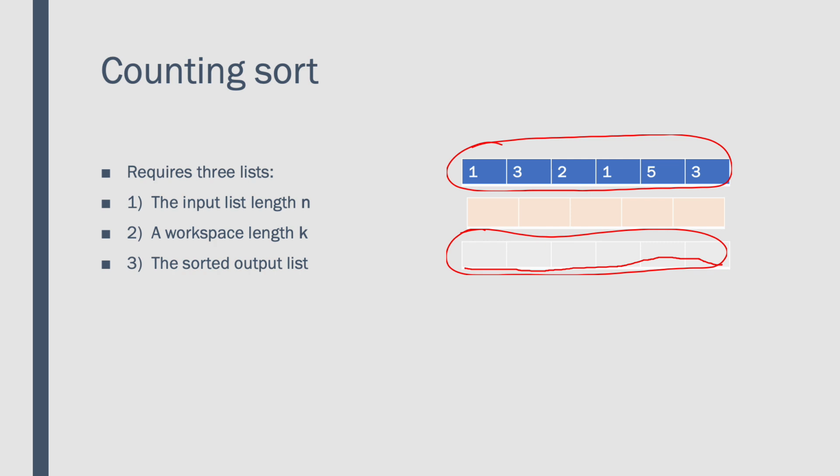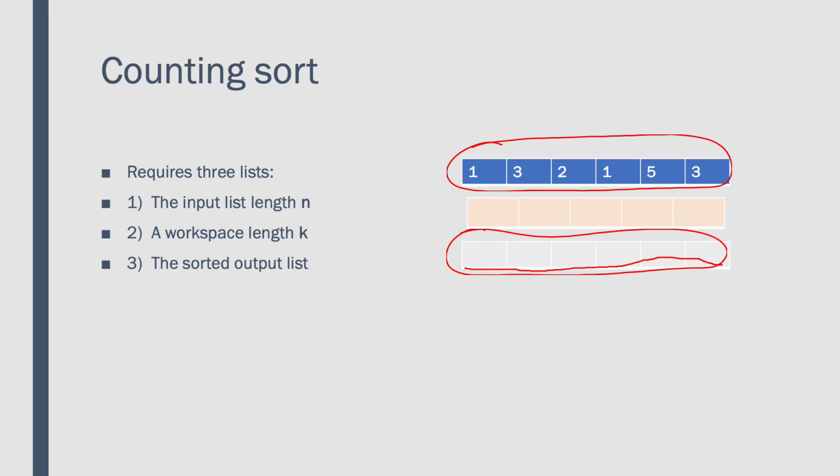Step by step, we first scan the input list and count how many times each number appears. These counts are stored in our workspace list, indexed by the numbers themselves.